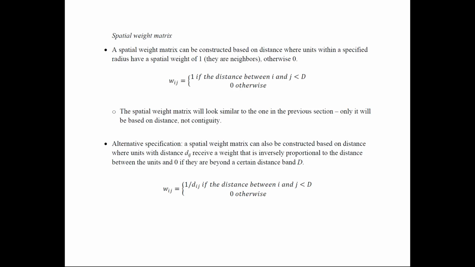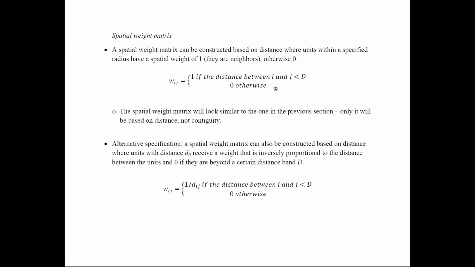Okay, so here is another example of the spatial weight matrix. This one can be constructed based on distance, where the units are within a specified radius. They would have a weight of 1, their neighbors otherwise 0. So wij would be equal to 1 if the distance between i and j is less than d, the distance band, and 0 otherwise.